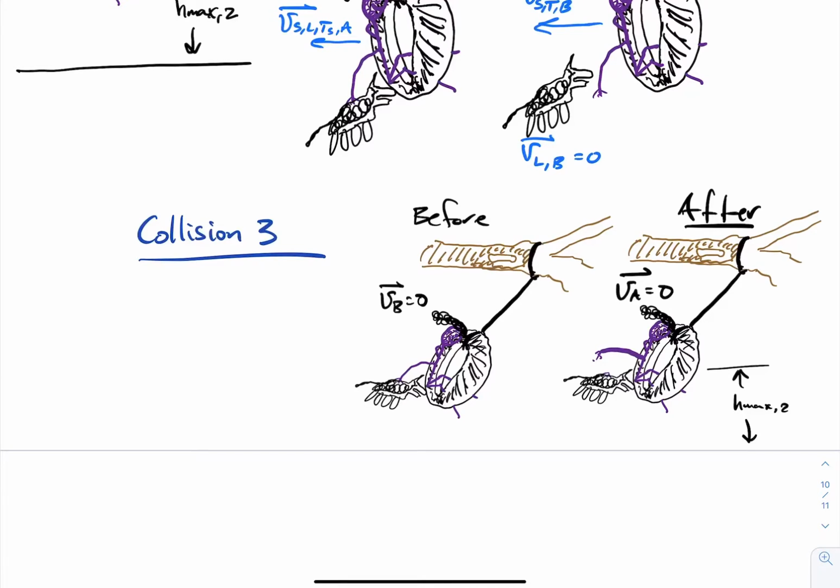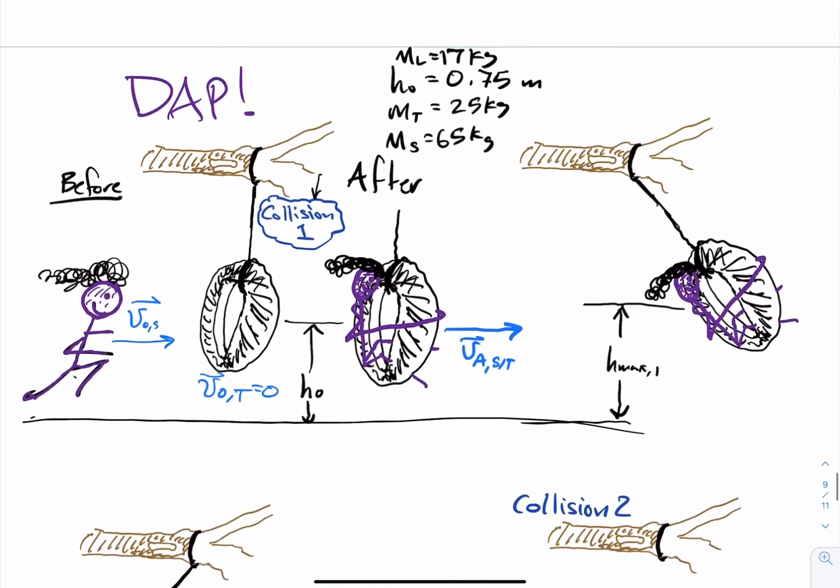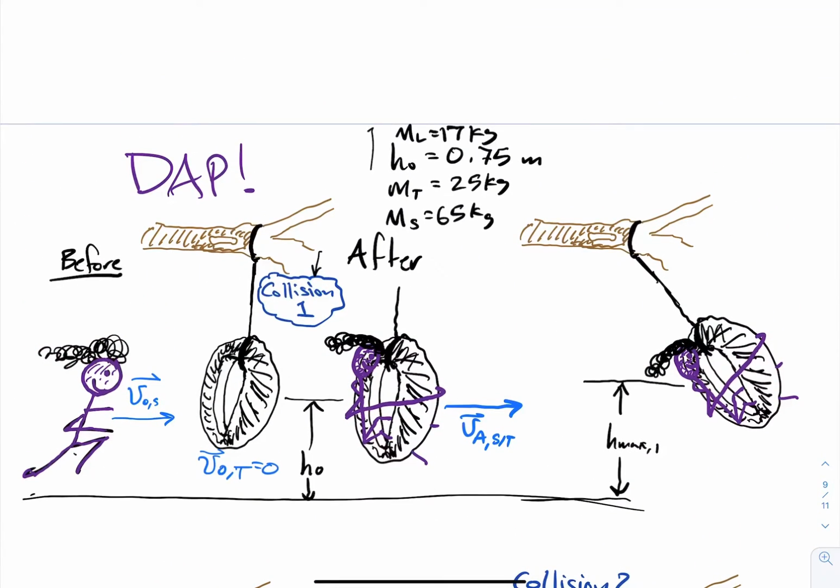So I noted all those things in these pictures. I guess the final picture I could have done would have been Smoot swinging to a third max height. So there you have it. I also put the mass of everything, the mass of the labradoodle, the mass of the tire, and the mass of Smoot, as well as the initial height. So that's kind of our knowns.